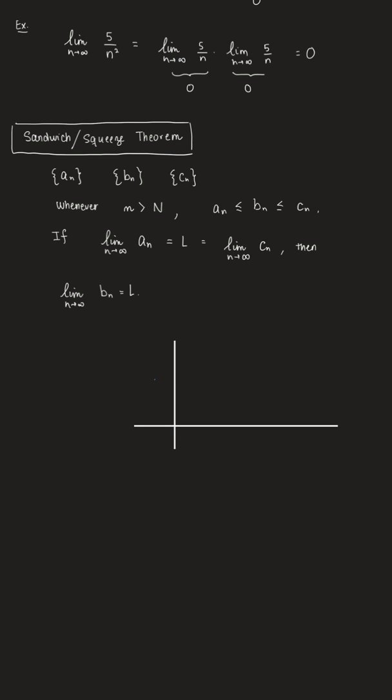It's behaving some way, maybe it looks like that, that's A sub n. And maybe B sub n in yellow, C sub n seems to be, maybe it starts smaller, but eventually is always larger than A sub n, but at some point they seem to approach the same value. And maybe our B sub n is always in between after a certain point.